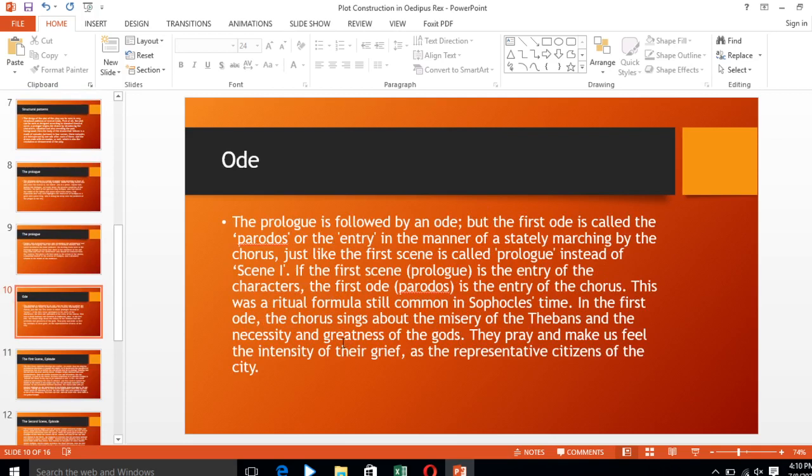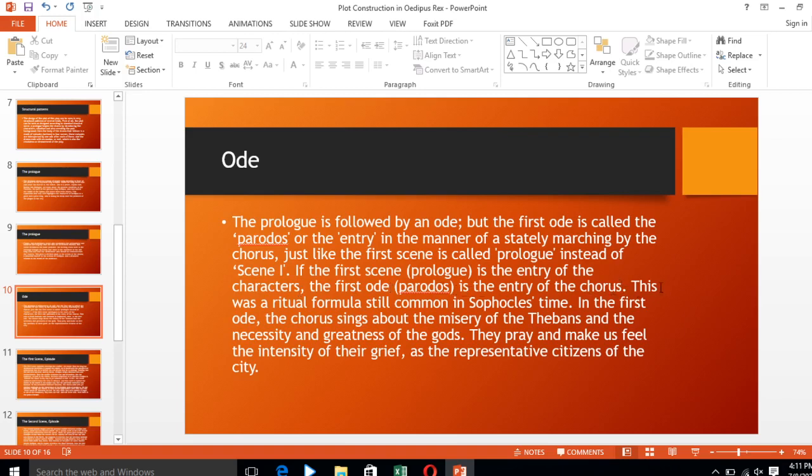Then after the prologue we have an ode. The prologue is followed by an ode, but the first ode is called the Parodos in literary terms, the entry in the manner of stately marching by the chorus. Just like the first scene is called the prologue instead of scene 1, if the first scene, the prologue, is the entry of the characters, the first ode, the Parodos, is the entry of the chorus.